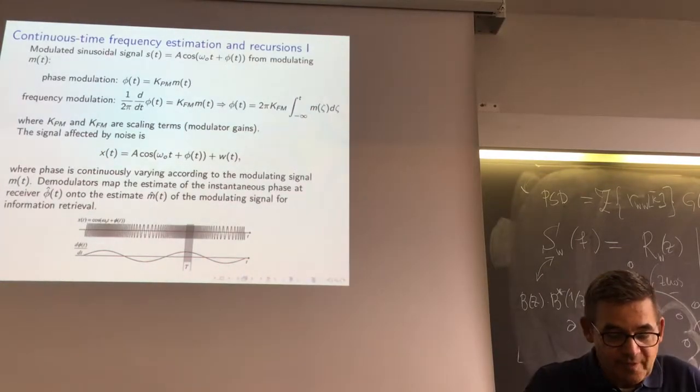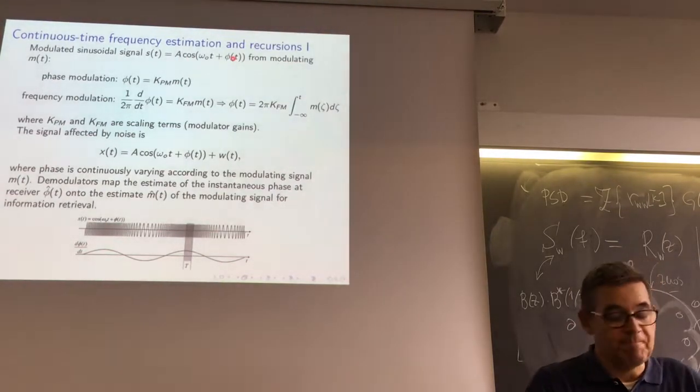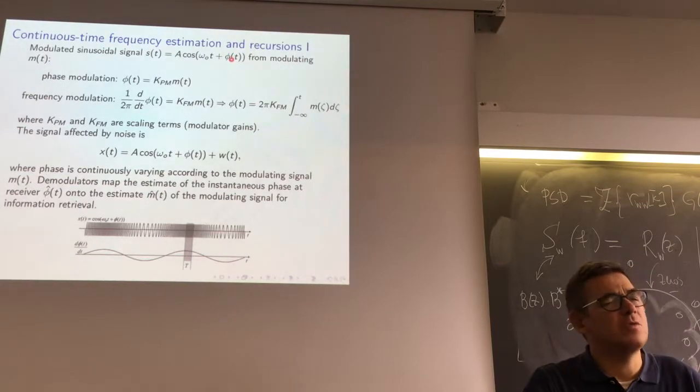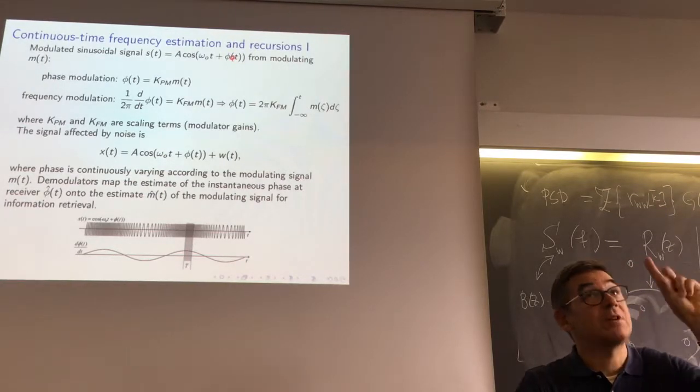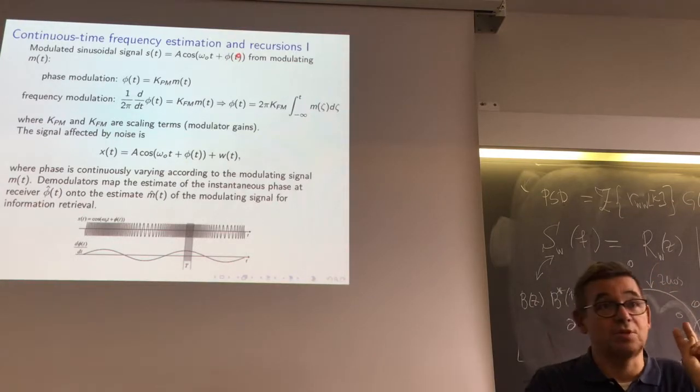Now, a modulated sinusoidal signal means that I have a phase, phi of t, that depends on some other signal. Okay? By the way, this was homework number 2 last year. A frequency modulated sinusoid.